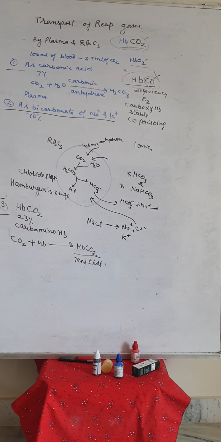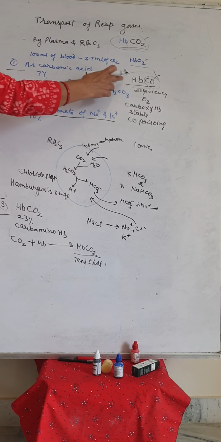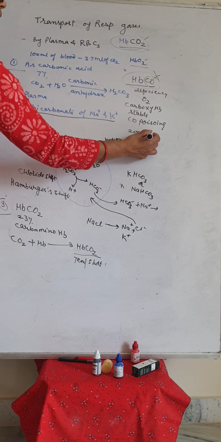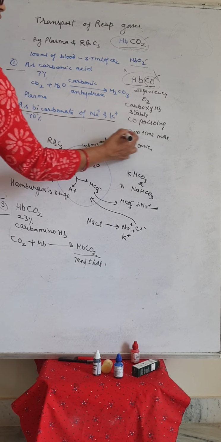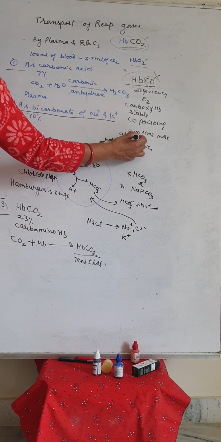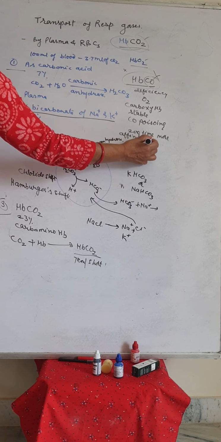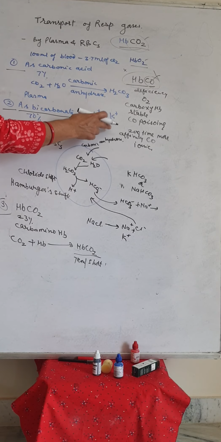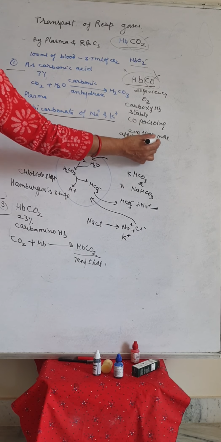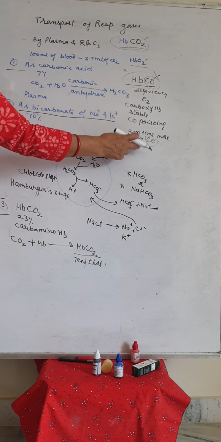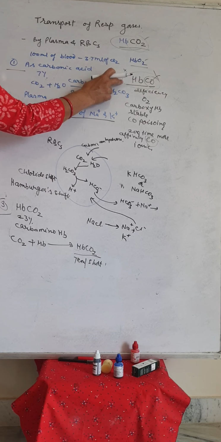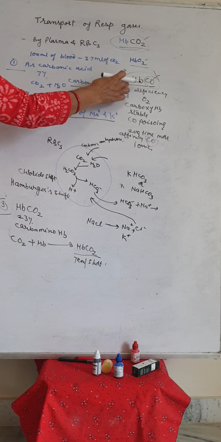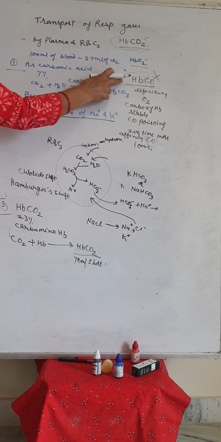As we know, hemoglobin has 200 times more affinity to combine with carbon monoxide. It means it can readily combine with carbon monoxide and form the complex compound, so it does not free the carbon monoxide.